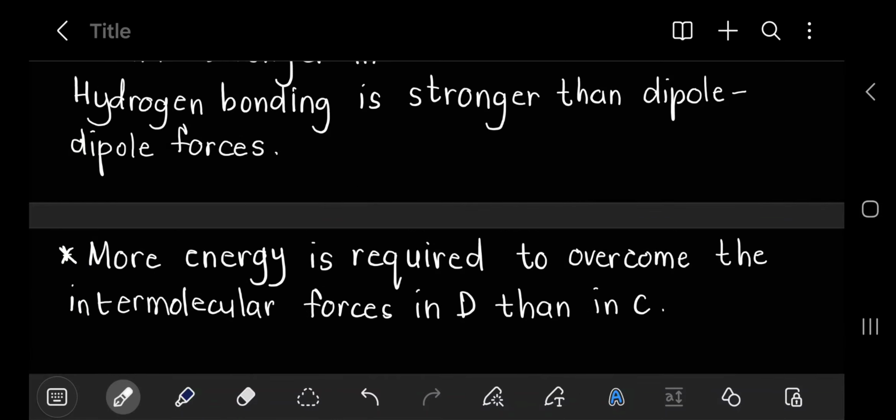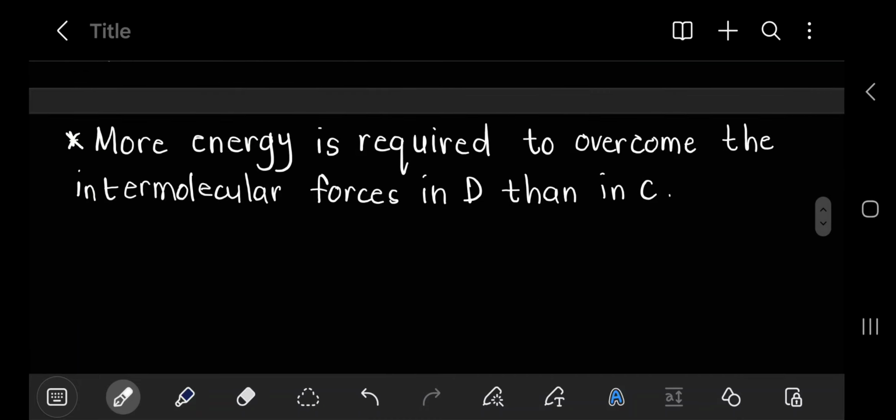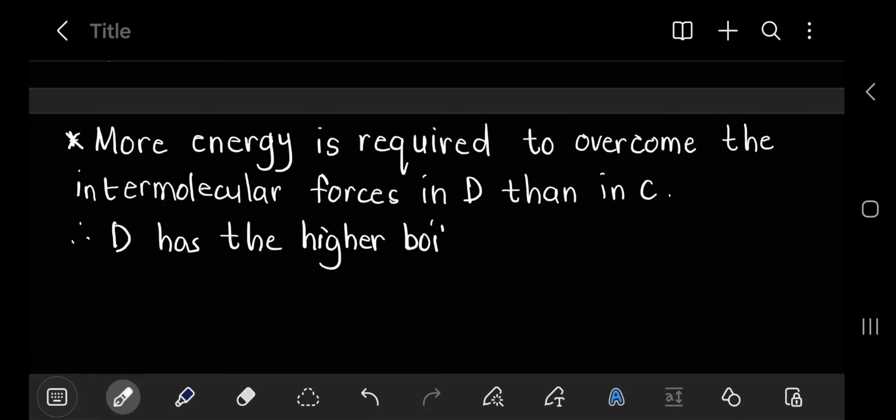So we're going to say more energy is required to overcome the intermolecular forces in D than in C. And now we can conclude by saying, therefore, compound D has the higher boiling point. So that's it.